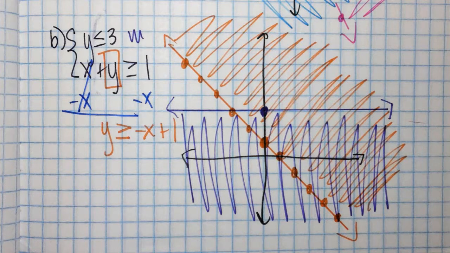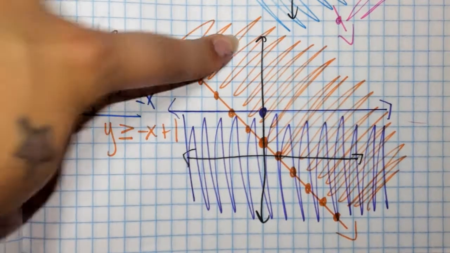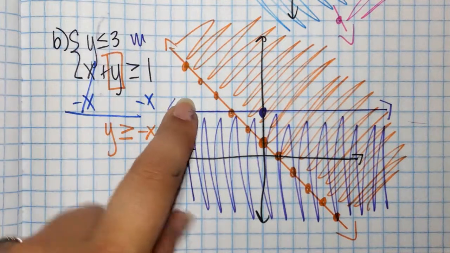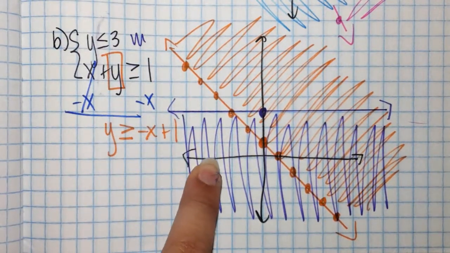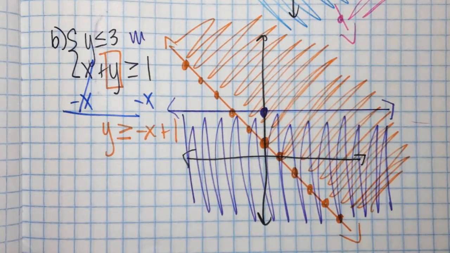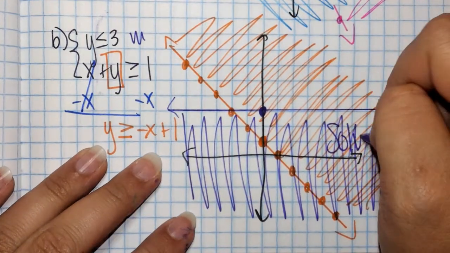And then I'm going to identify where my solutions are. Now, are my solutions up here in just the orange? No. Are they over here where no colors are? No. Are they down here with this purple? Are they over here with both? Solutions.